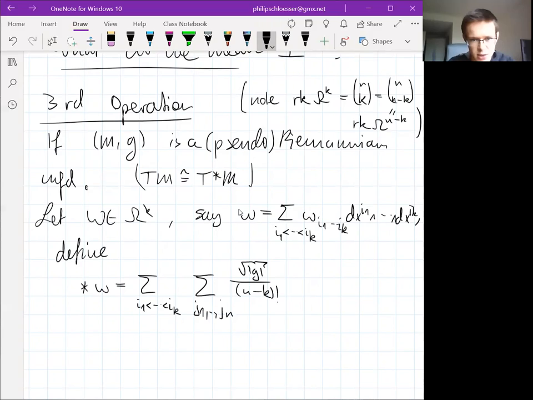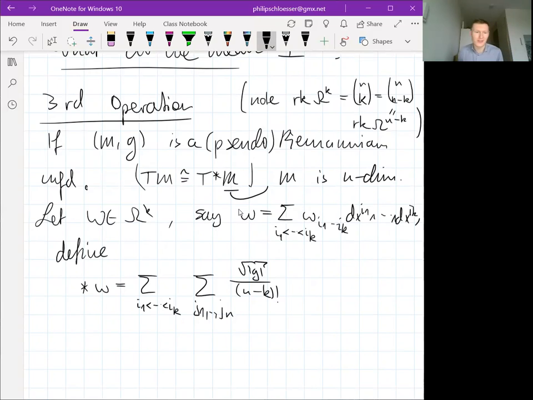What is n exactly? The dimension of M? M is n-dimensional. Okay. Yeah, sorry, it's usually implied. I didn't write it down explicitly.